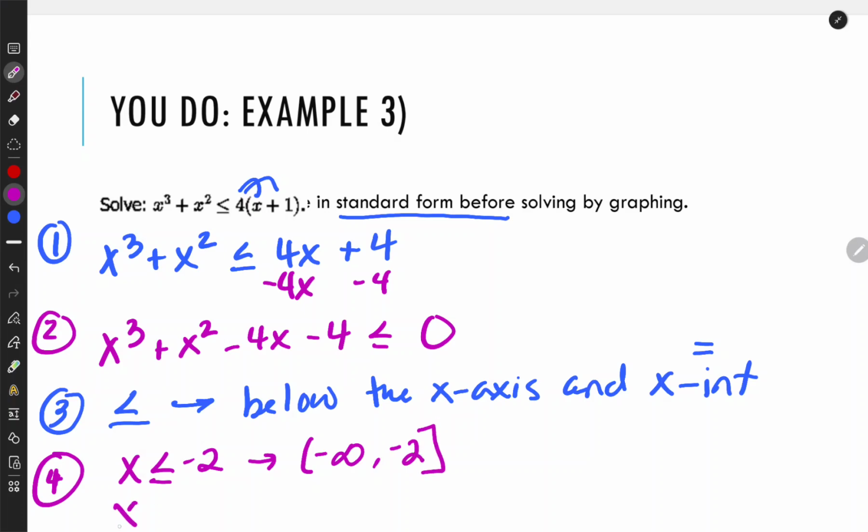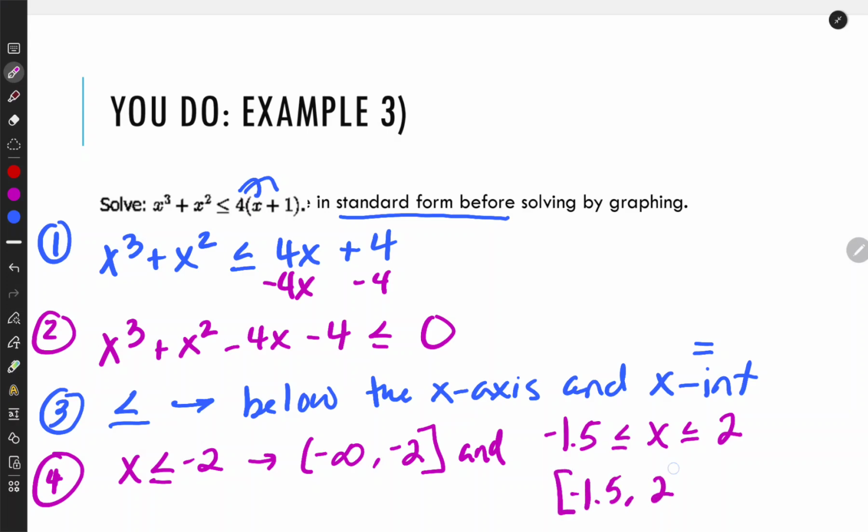And then we had x is, I'm going to write it on the other side to give myself a little more room. We had that x is in between, less than or equal to, less than or equal to, and we were at -1.5, all the way up into +2. That's the inequality, right? And then writing it in set notation would put us from -1.5 to +2.